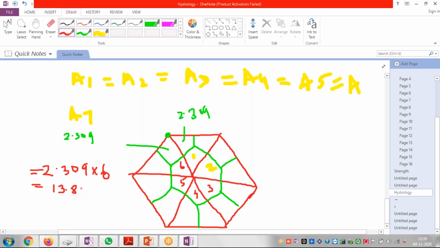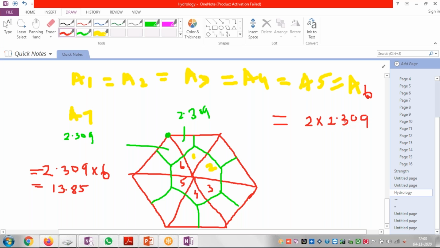13.856, right? 13.85. Now A1, A2, A3, A4, A5, and A6 is equal to how much? They are equal to 2.309 plus 2.309 plus 2.309, right? So I can say 2 into 2.309.